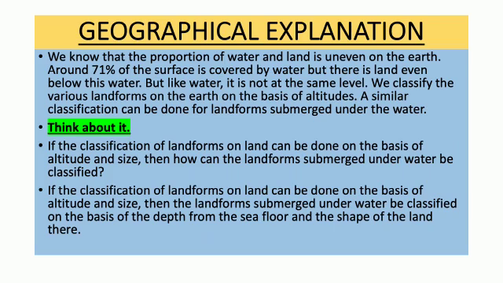So the previous question was what parameters were used for classifying the landforms on the earth? One is altitude and the shape of the land. These are the two parameters used for classifying the landforms on the earth.